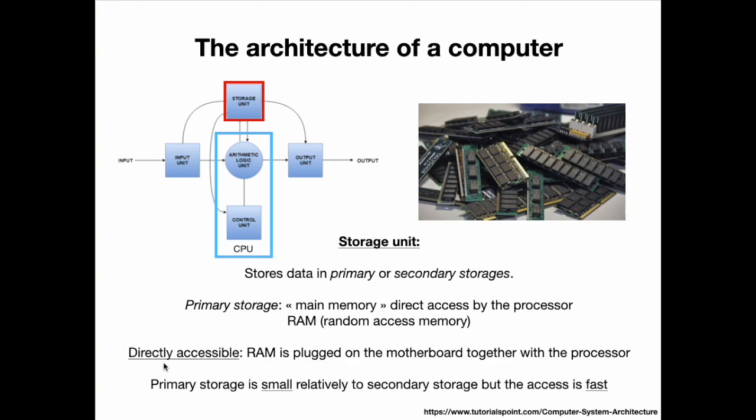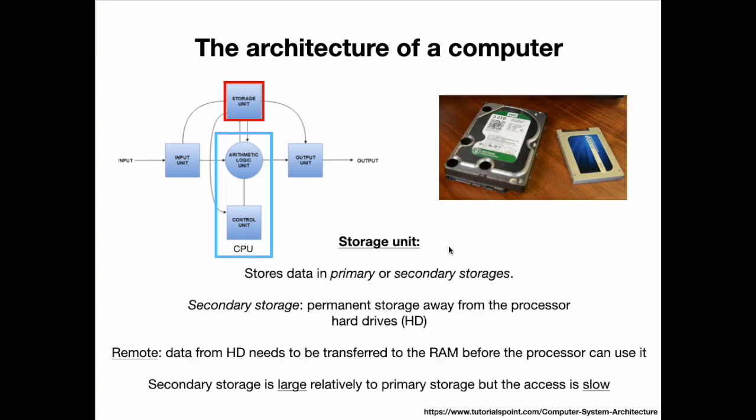In fact, you see examples of RAMs here. The RAMs are plugged onto the motherboard together with the processor. They are physically next to each other. The primary storage is small relative to the secondary storage, but the access to this memory is very fast. So when the processor needs to access information from the RAM, it can be done very efficiently.